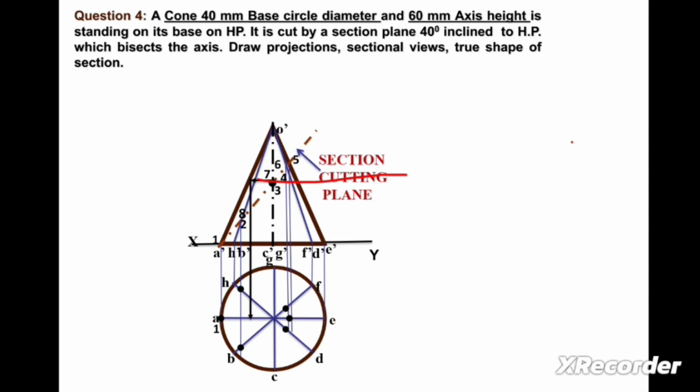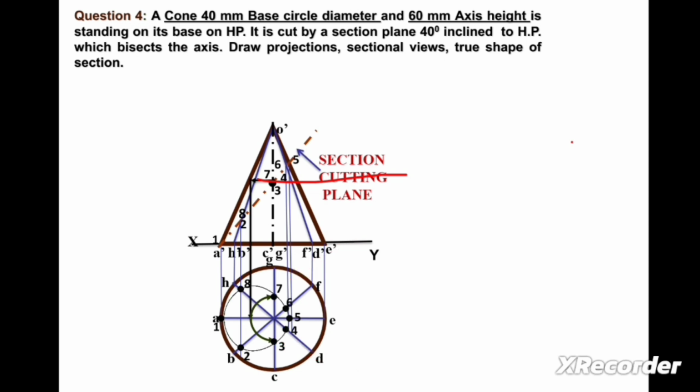Now write down here 1, 2, 3, 4, 5, 6, 7, 8 as shown in the figure. To get points 3 and 7, we take this much radius from the center point and draw an arc on both sides. So we will get point numbers 3 and 7 as shown in the figure.